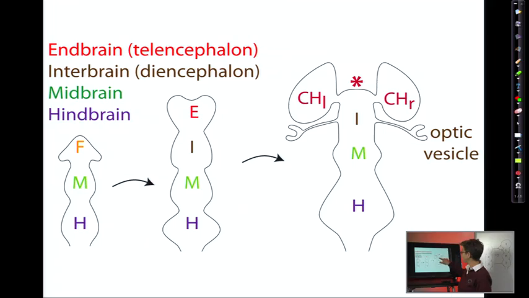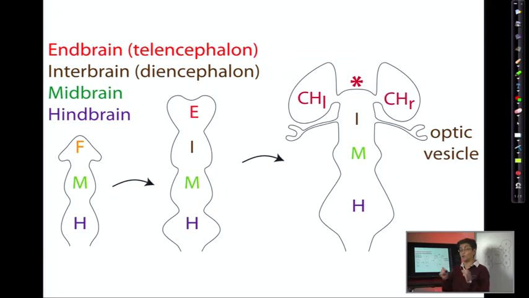You see that there's an outpouching from the interbrain. This outpouching comes out and it actually forms a cup. What does that cup look like? Well, it looks like it's going to be the back of an eye. And indeed, it is going to form the retina. What that means is that the retina forms from the neural tube.